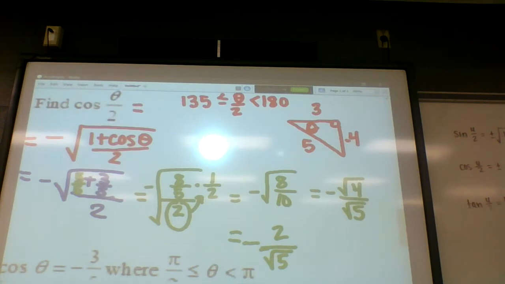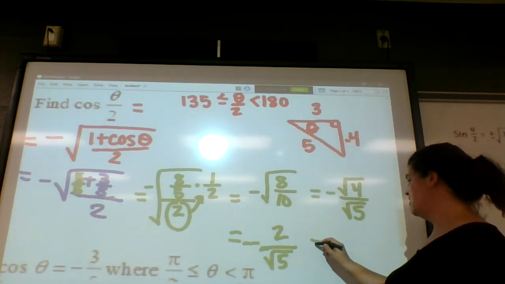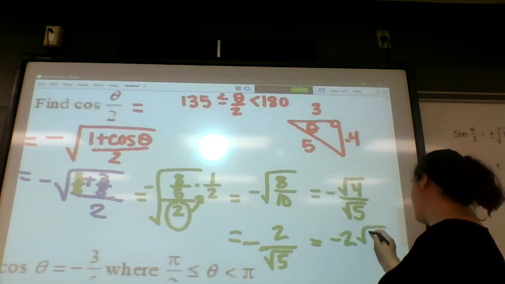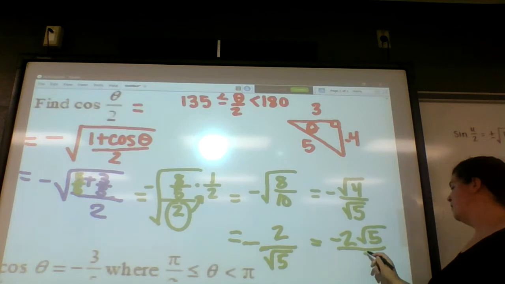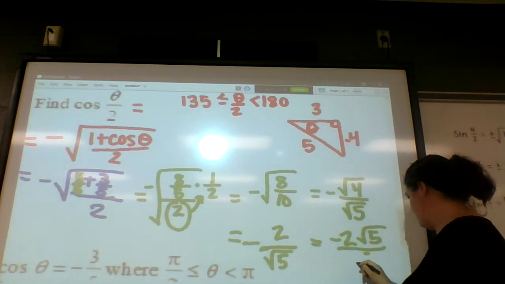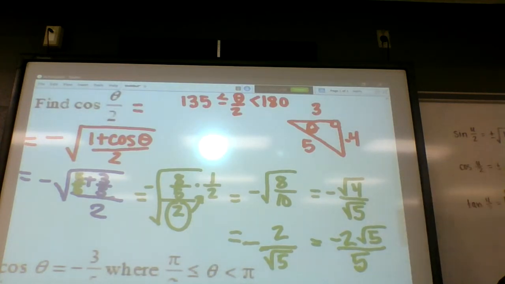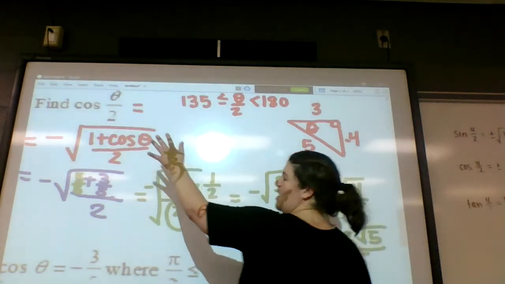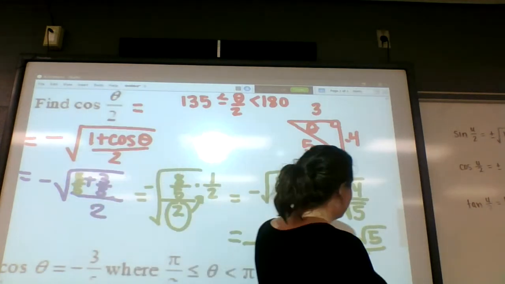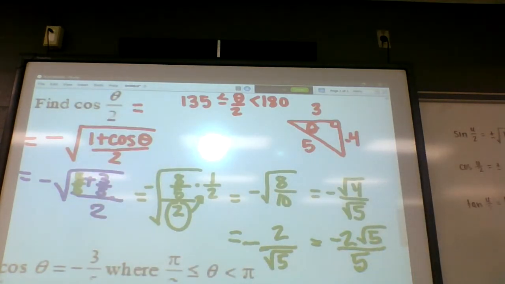And unfortunately, you can't leave it, right? You still have to rationalize. So the square root of 5 will move to the top. So negative 2 square root of 5, and then it'll all be over a regular 5. So we had the formula done here in purple, and then all of this was just simplifying. Just all the algebra that goes with it.